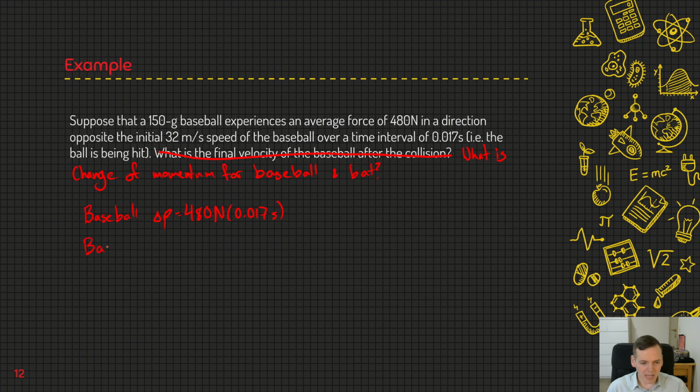And for the bat, delta P will equal, well, it's going to feel a force in the opposite direction, so negative 480 newtons times 0.017 seconds. They're going to be the same magnitude, just opposite directions.